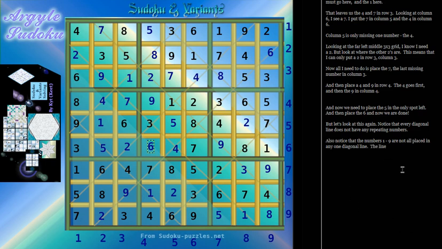The line from row 9, column 2 up to row 2, column 9 is missing the 1.